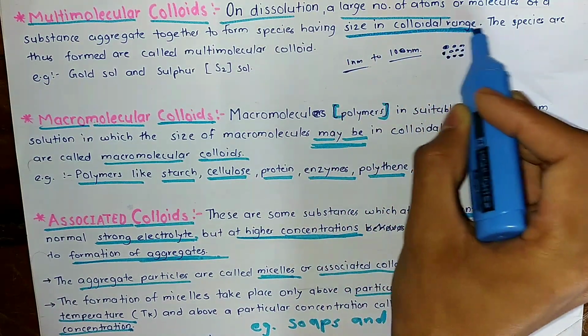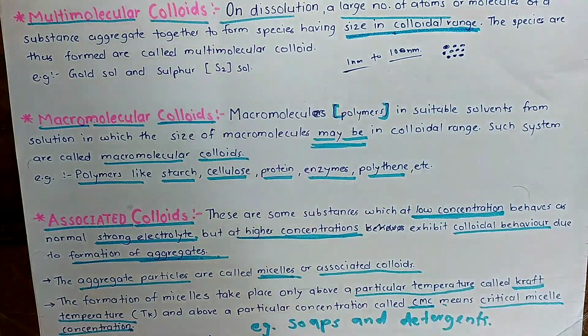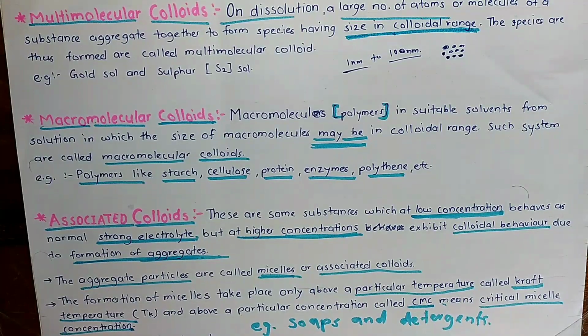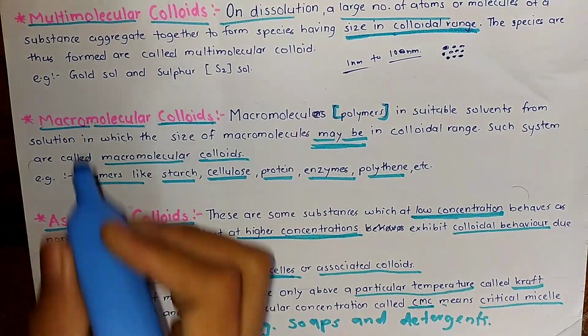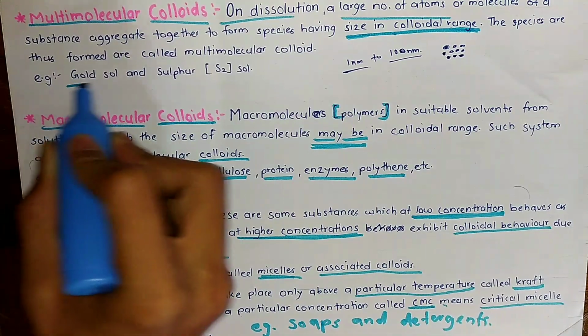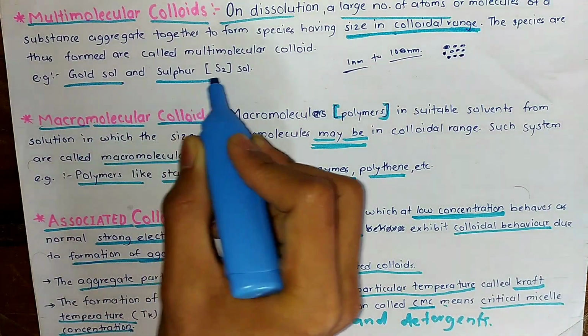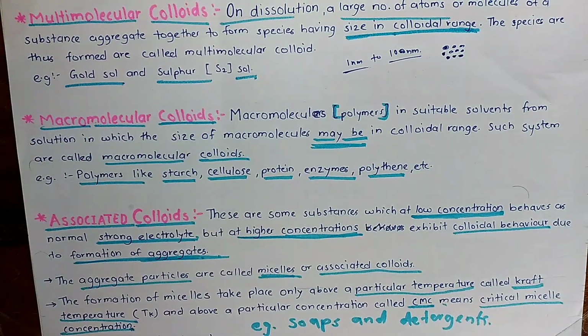This is important. These species are called multimolecular colloids. An example of multimolecular colloids is gold sol and sulfur S8 sol.